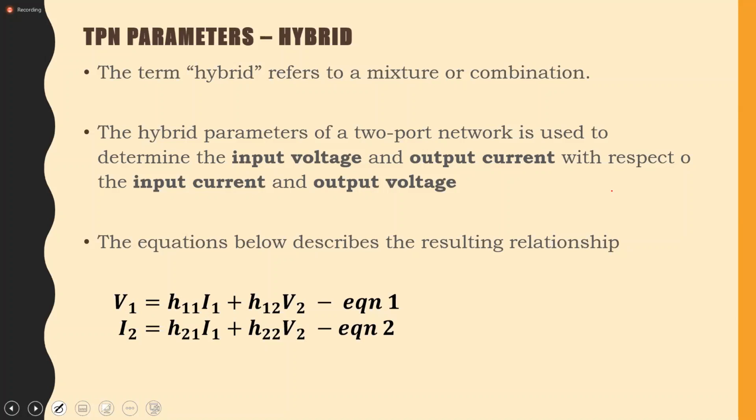For the hybrid parameters, going back to the whole concept of mixture, these parameters deal with impedance, admittance, current, as well as voltage. Again, that gives us the idea of mixture. So we are looking at mixture in terms of the parameters we are looking at. We are looking at mixture in terms of the components themselves.